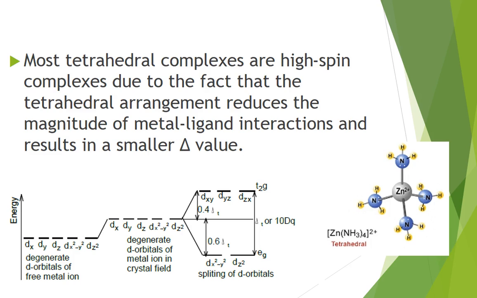So you can see here, these are the 5 d orbitals in a free metal ion, and in the case of crystal field splitting, we get 2 orbitals of lower energy, e, and 3 of higher energy, t2.